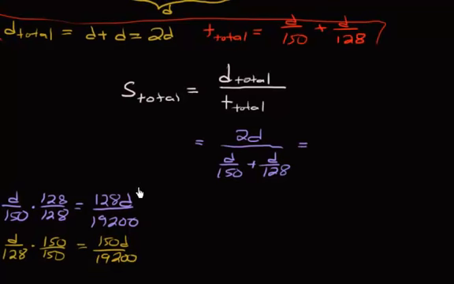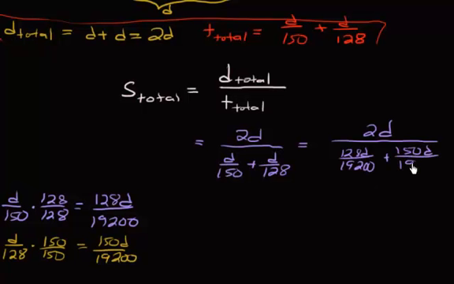Now these two fractions right here are actually these two. It's going to get a little messy, but it will simplify pretty quickly. We're going to have 128D over 19,200 plus 150D over 19,200. And arithmetic says that once you have the same denominator, you can add the numerators.